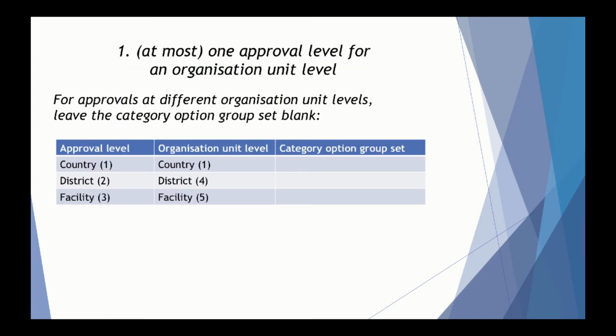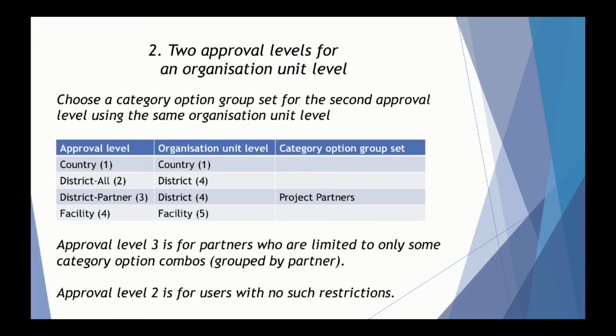So if you have this case where you have a project partner, we determine that they are associated with approval level 3 and not approval level 2 because they are assigned at a district level facility and because they do not have permission to look across all partners. So they belong to one or more partners, but they don't have the permission to look across all partners.